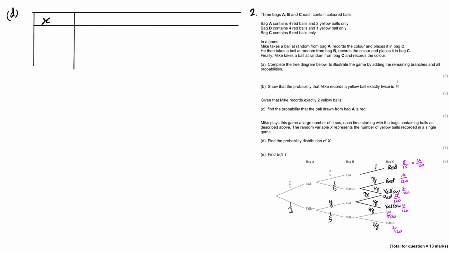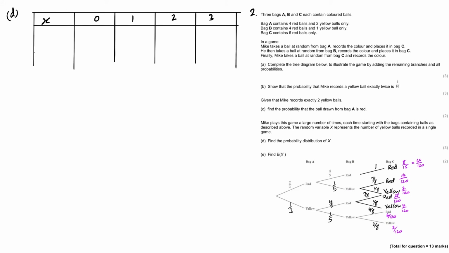The first scenario would be that there are 0 yellows chosen if they were all 3 red. Second scenario is 1 yellow. The third scenario is 2 yellows. And the final scenario is 3 yellows. So these are the only possible scenarios.